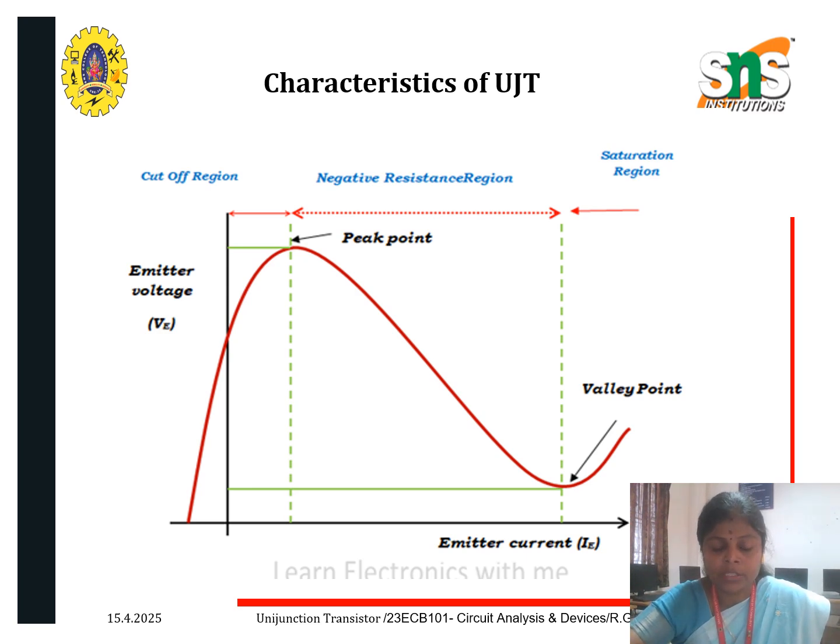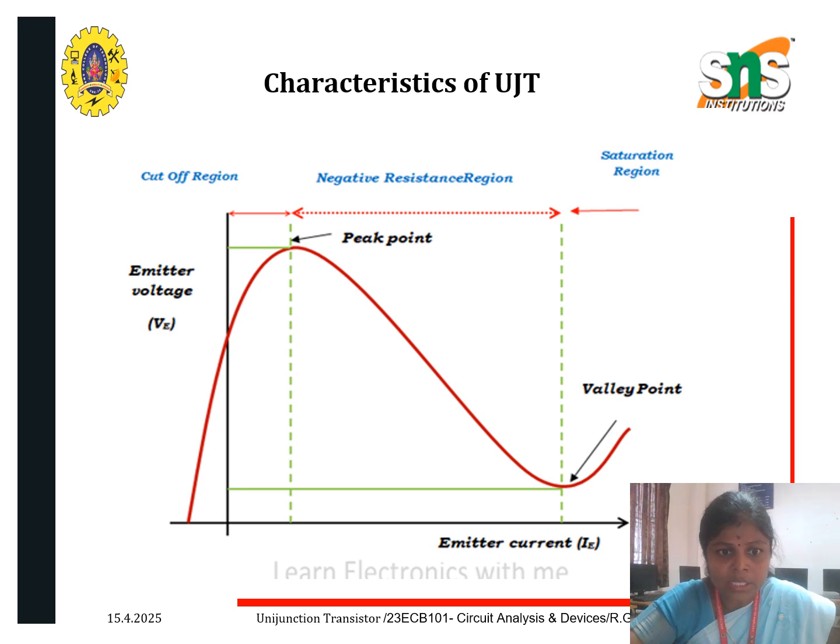In the cutoff region, the current is zero and the UJT won't work. In the negative resistance region, the UJT operates, and in the saturation region, after reaching the valley point, the voltage keeps on increasing.